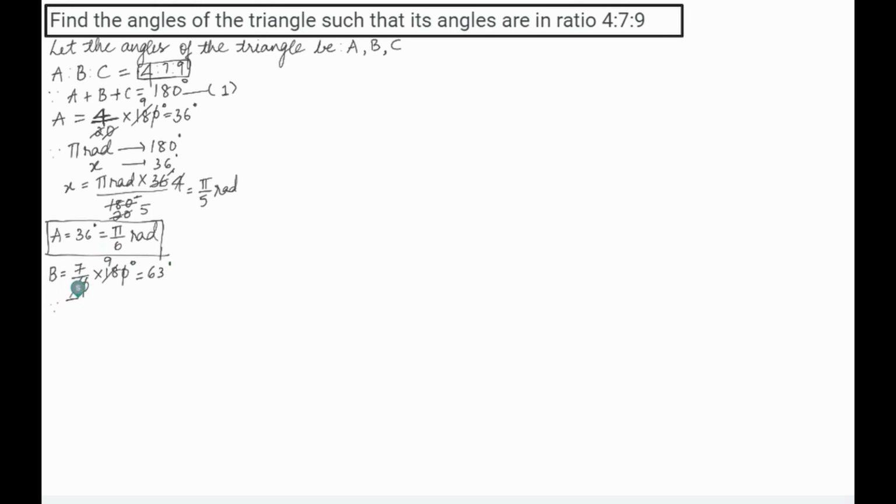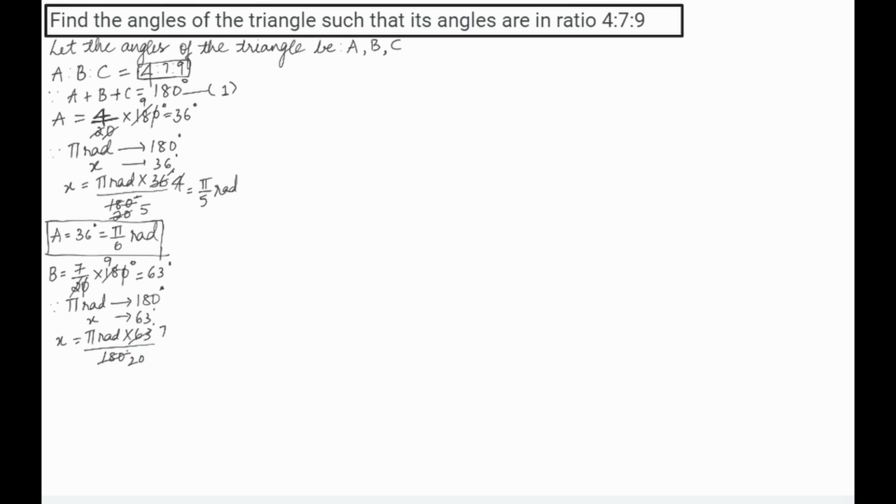Pi radians is equal to 180 degrees. So how much is 63 degrees in radians? When I cross multiply this, I get x is equal to pi radians times 63 degrees divided by 180 degrees. So 9 into 7 is 63, 9 into 20 is 180.